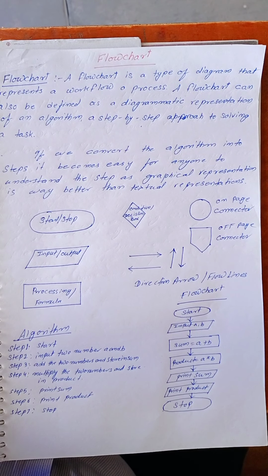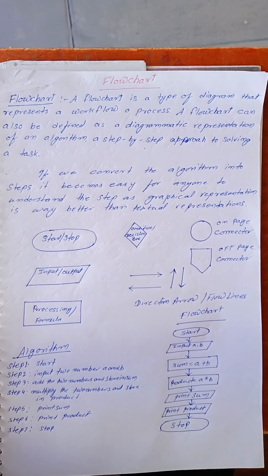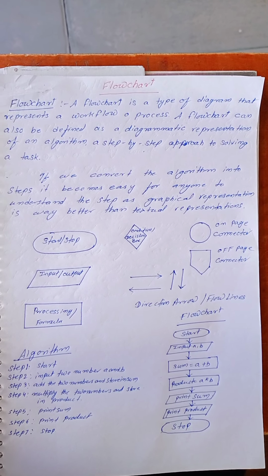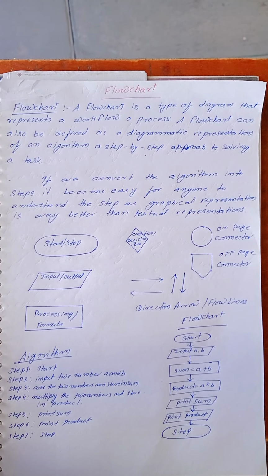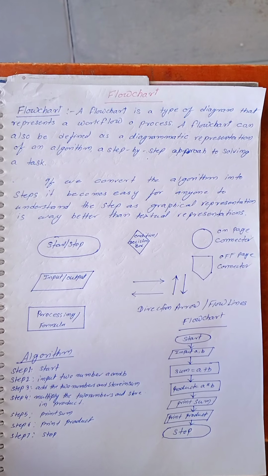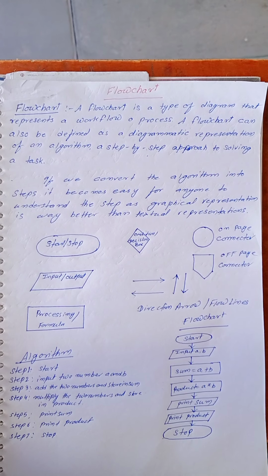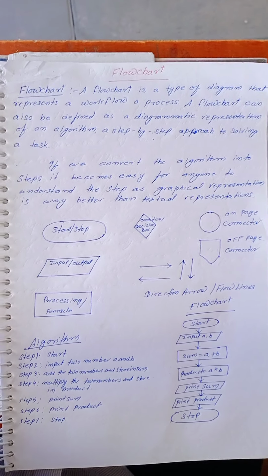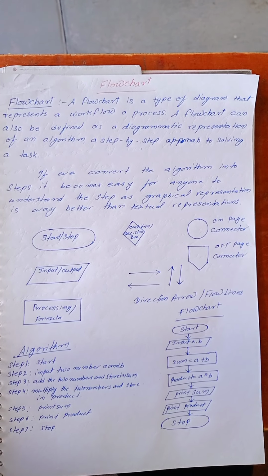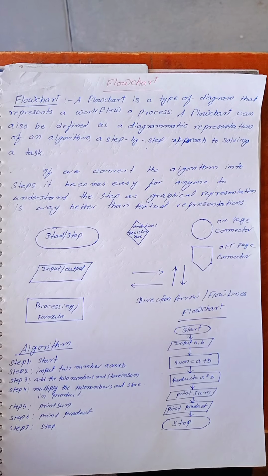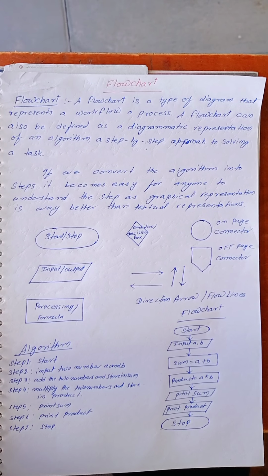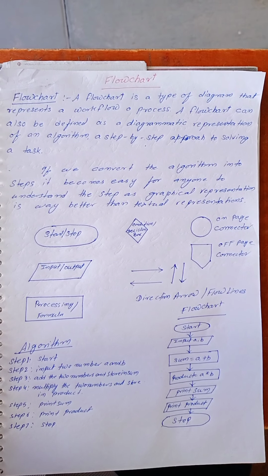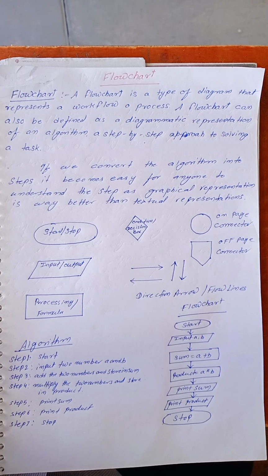Means if you want to solve any question, then first divide the work. After dividing the work, you represent it in pictorial form, step by step. If we convert the algorithm into steps, it becomes easy for anyone to understand the steps.